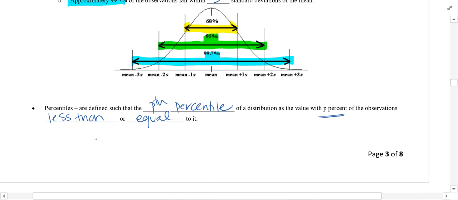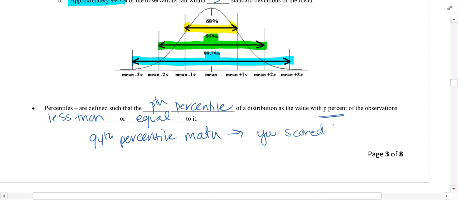So if you're in the 94th percentile, say for math on a standardized test, your score corresponds with 94% of people scoring that value or lower.